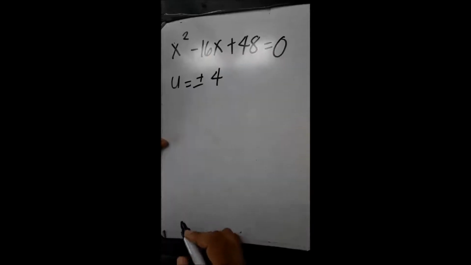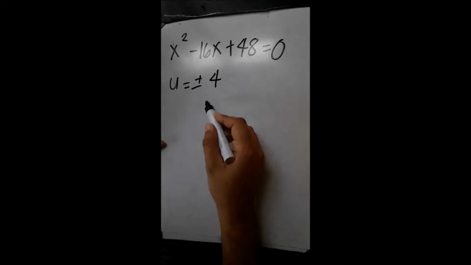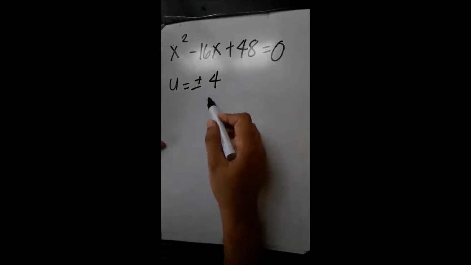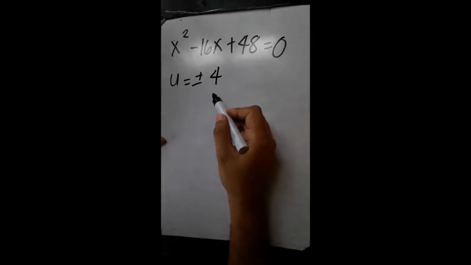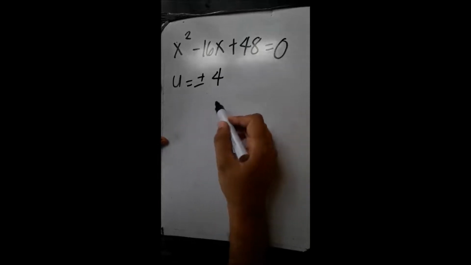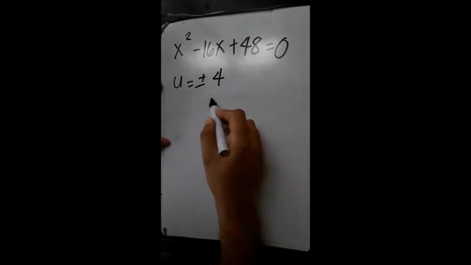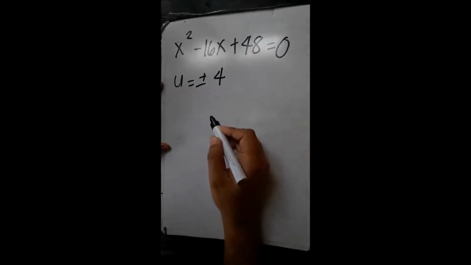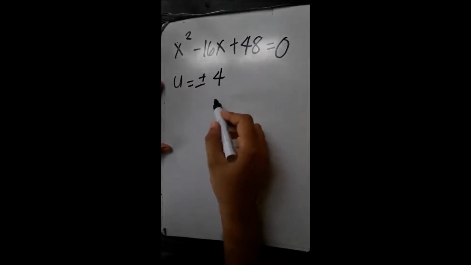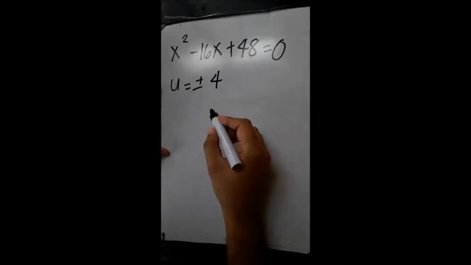Now our u is plus or minus 4, but we will take the positive. Although the negative can still be used and we still arrive at the same result, we will take the positive for convenience. Now with this value of u, we can find the roots.